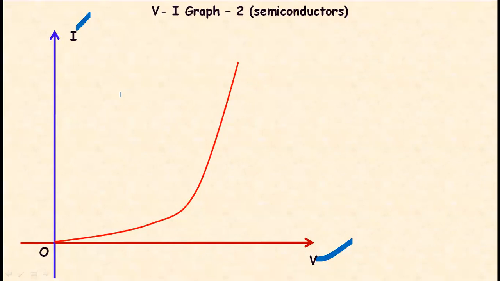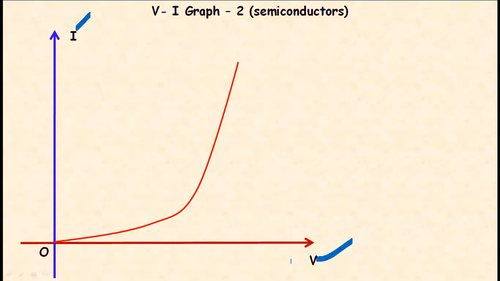If I say I varies proportionately with respect to V, it means if I increase the voltage by 2 times, the current should also increase by 2 times. If I increase the voltage by 5 times, the current should also increase by the same 5 times. That's what we mean by proportionate change. But whenever I is not proportional to V, on increasing the voltage, the current will increase, of course, but not proportionately.